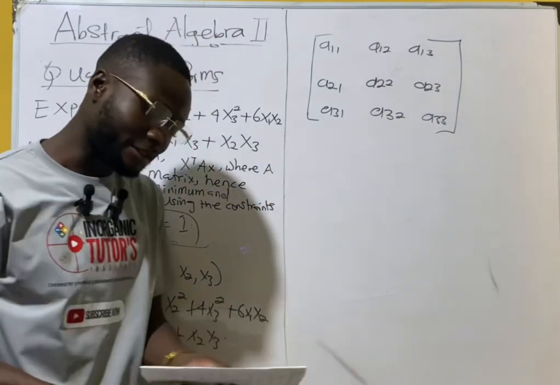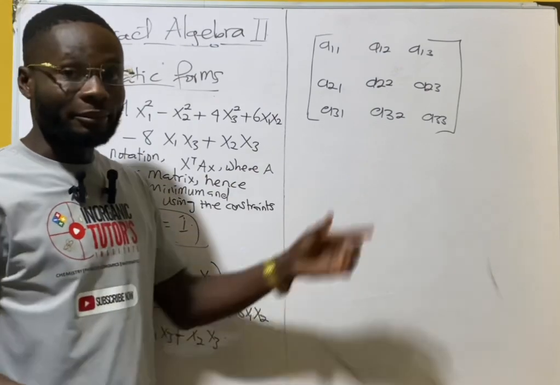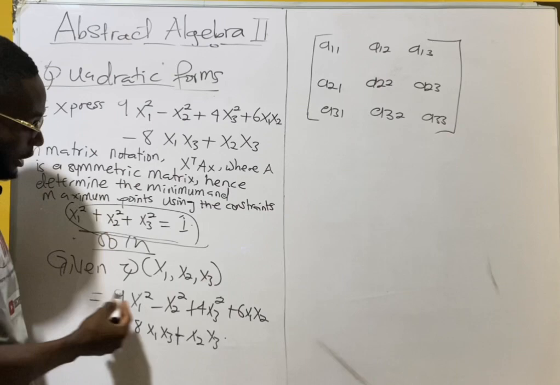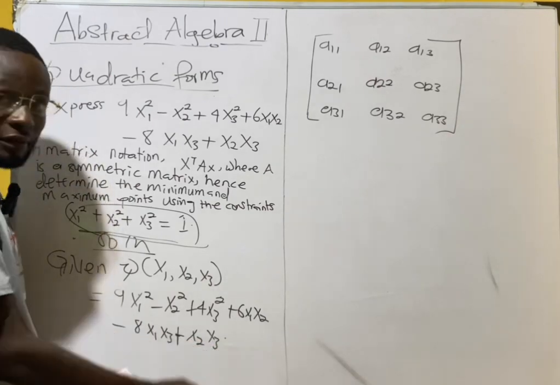These are the elements in the 3 by 3 matrix, right? So this is the quadratic form that we have been given, right?